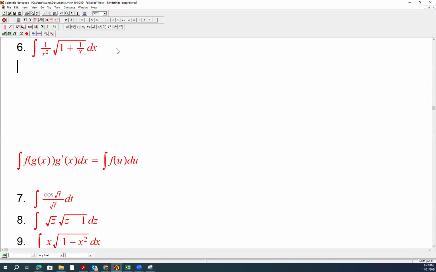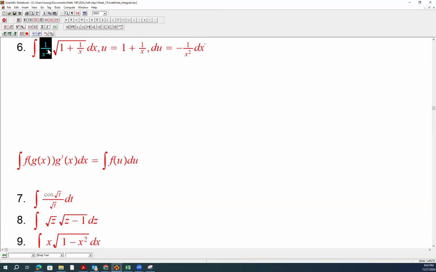How are we going to introduce the u? By trial and error. But by this time, you probably have gained some experience. So here I'm going to introduce u to be the entirety under the square root. The derivative of 1 is 0, so du is going to be negative 1 over x squared dx.